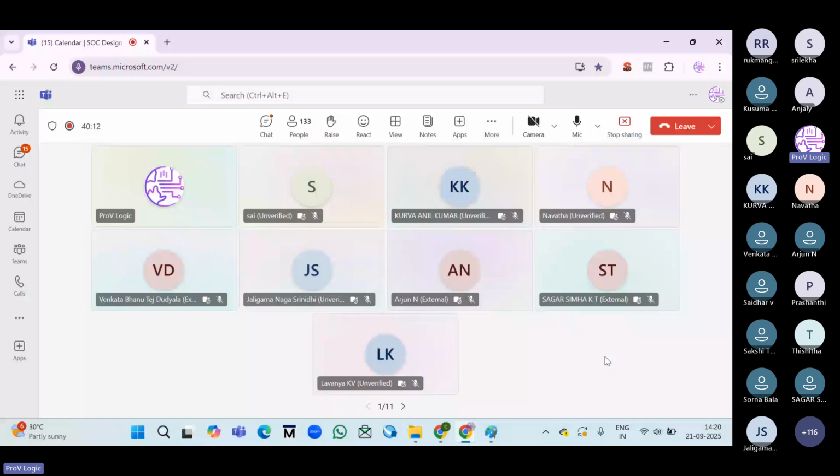But CISC is a complex instruction set architecture. For a simple example, in our laptop we use a CISC architecture, because in a laptop we need to install a lot of software, different types of tools. But in a mobile phone we cannot install those tools or software, right? Mobile phone applications are different, laptop applications are different.